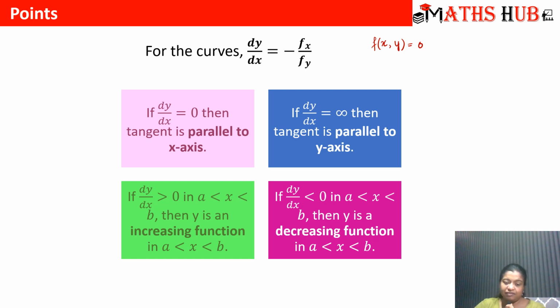Now, if we put the derivative greater than 0, for some interval x lying between a and b, we will get that y is an increasing function in that particular interval, right?